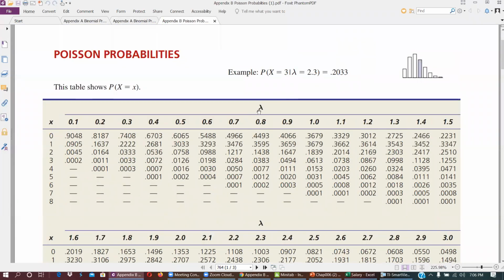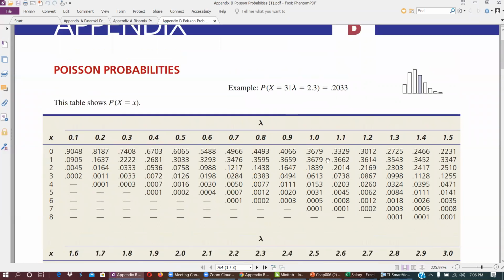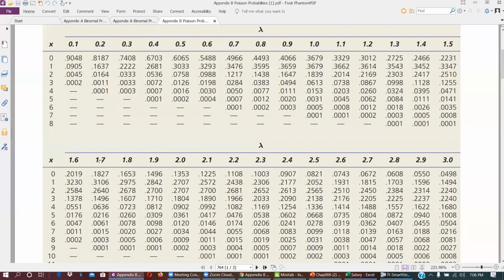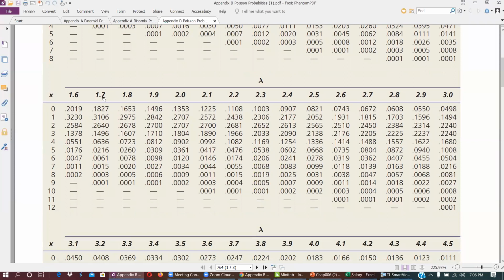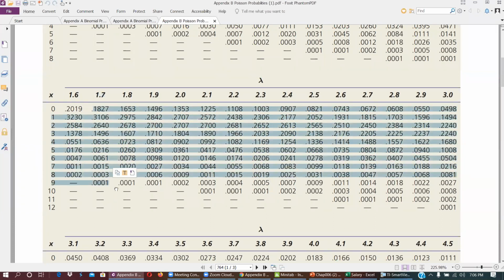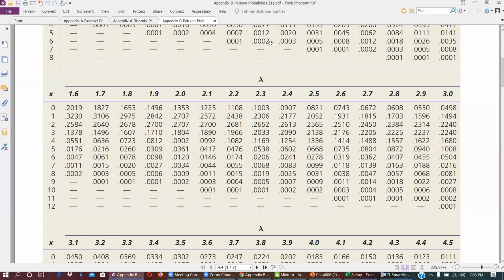If you can see lambda, what is the lambda value here? The lambda value is 1.7. This is the lambda value, 1.7. What is the PDF value here? This. If you look into this 1.7, this is the PDF.